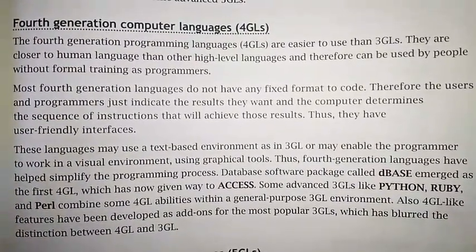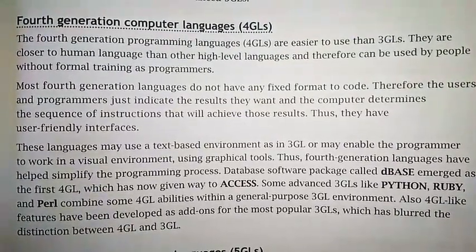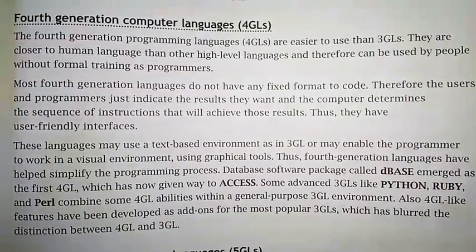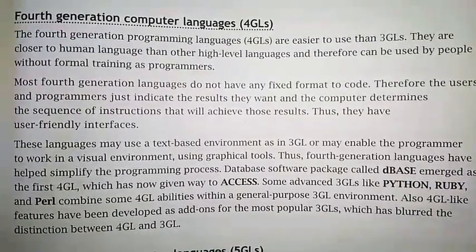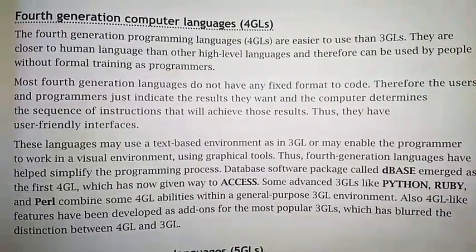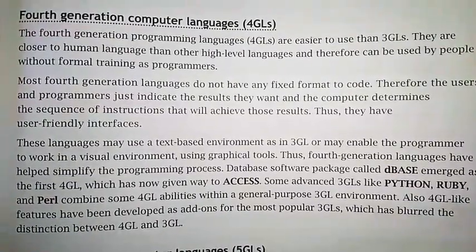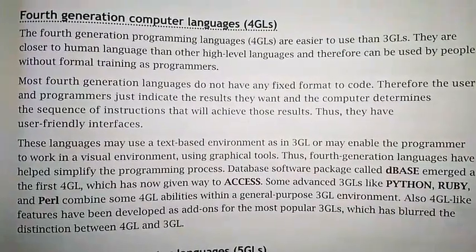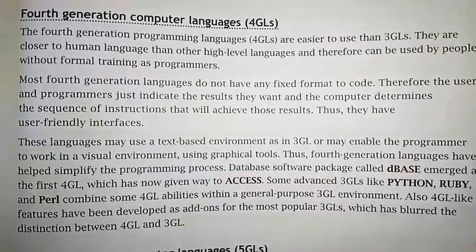So we can say that it is a very easy language, so that people can understand it properly very easily. They do not need any formal training to understand these languages. Understand? And the languages in the fourth generation are very close to human language because humans can understand the language.